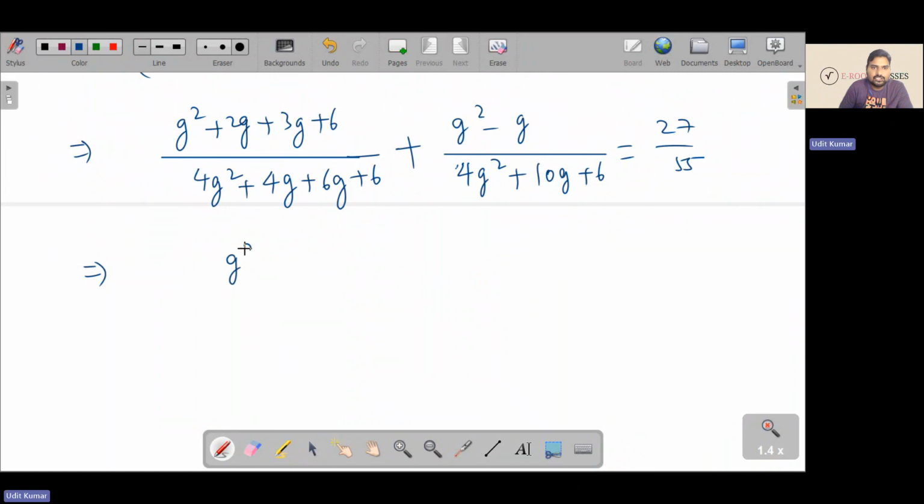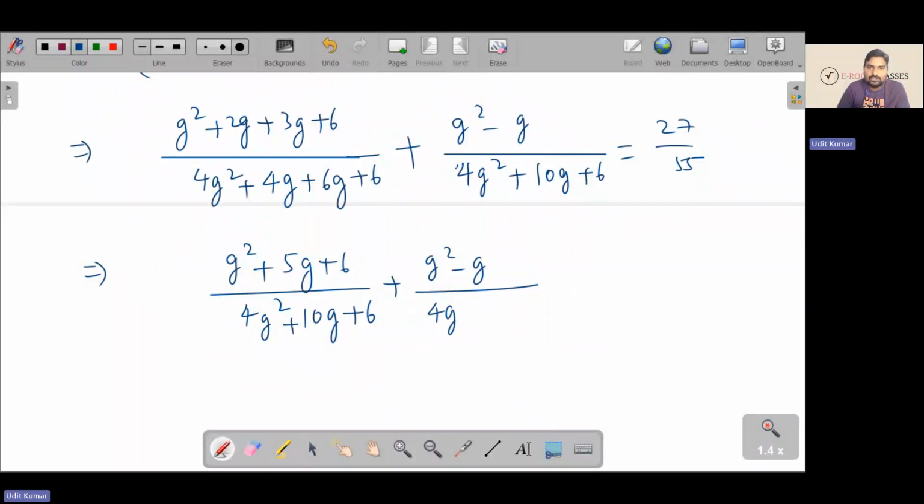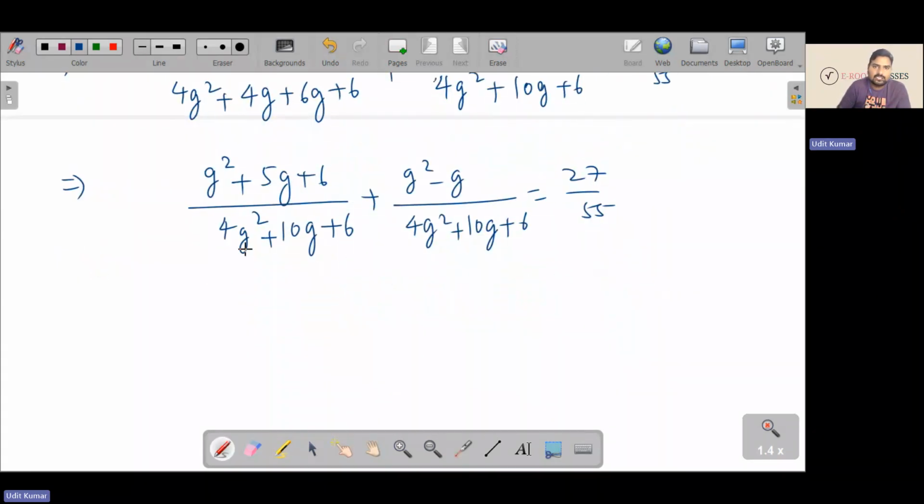So it is going to be G squared plus 5G plus 6 divided by the same thing, 4G squared plus 10G plus 6, plus G squared minus G divided by 4G squared plus 10G plus 6, equals 27 by 55, right? Now, because the denominators are same, we can add the numerators. So G squared plus G squared is going to be 2G squared.